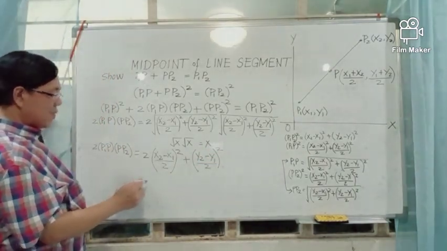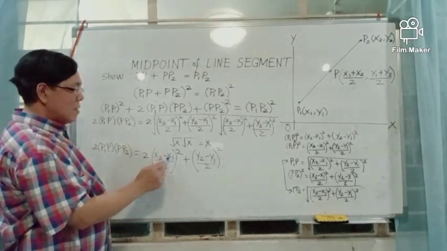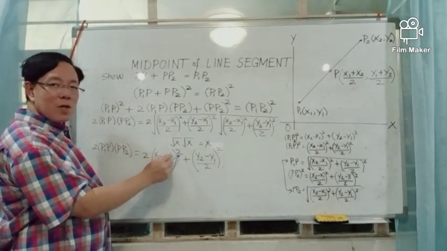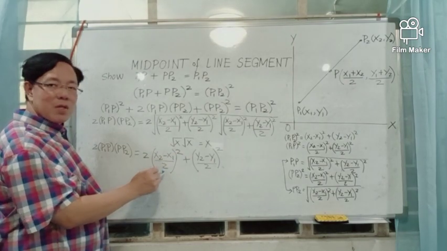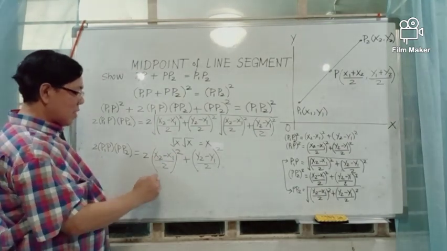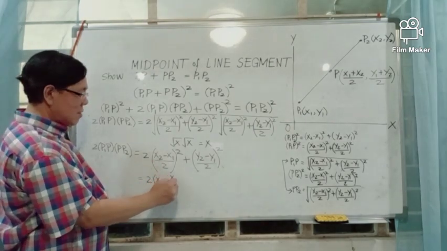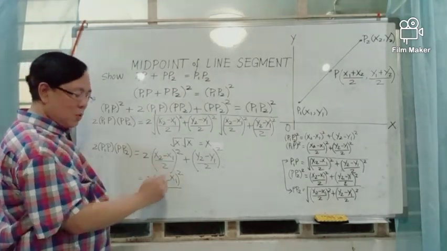And we simplify, applying the property of exponent. The square of this quotient is equal to the square of the numerator divided by the square of the denominator. So we have 2 times the square of the numerator, (x2 minus x1) squared, divided by the square of 2, 4.